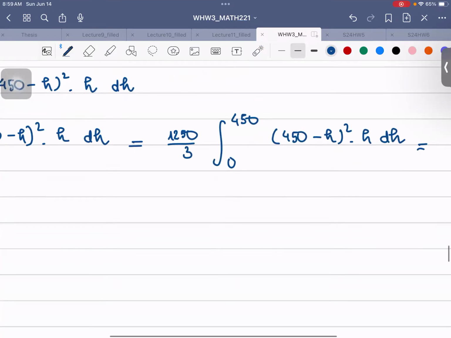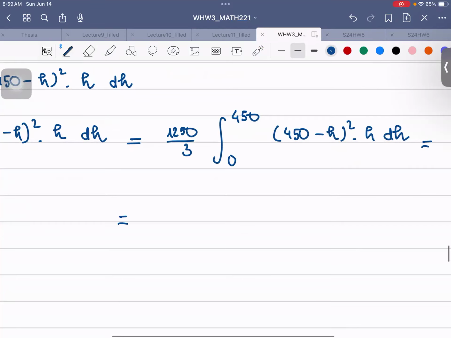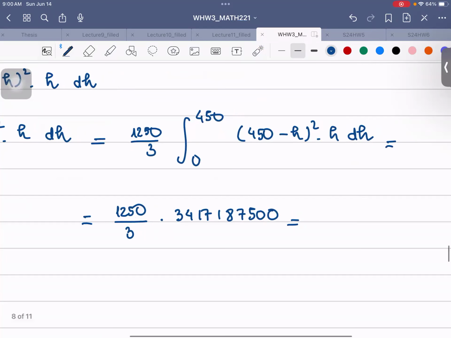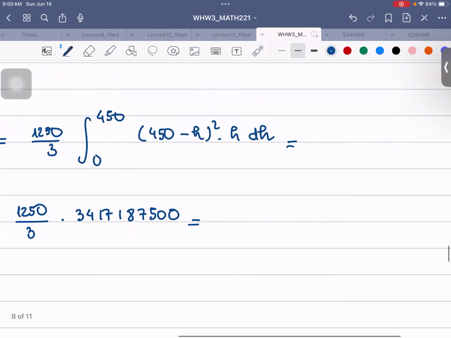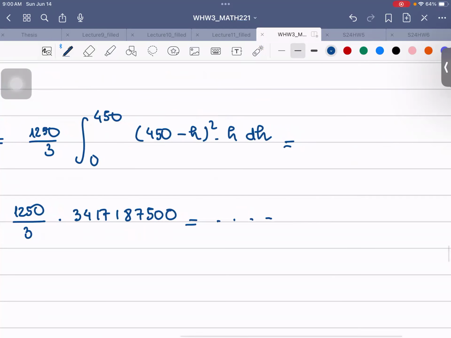After you get this done, you're going to have 1250 divided by 3 times 3417187,500. And when you simplify this calculation, you have some numbers to the fifth power.